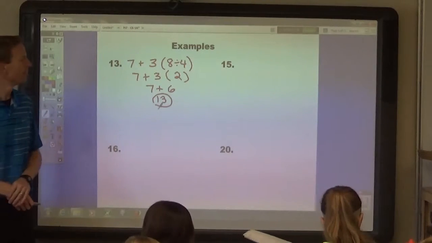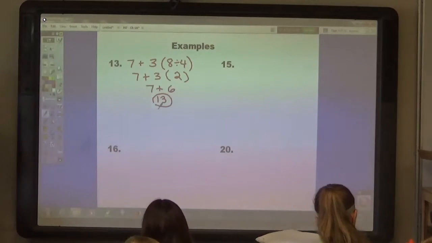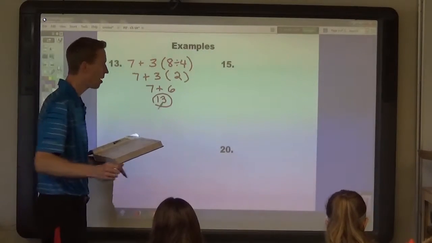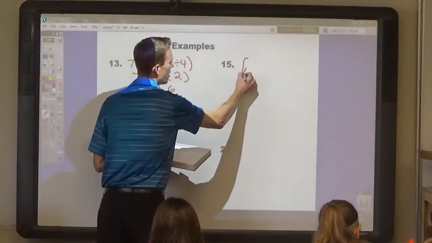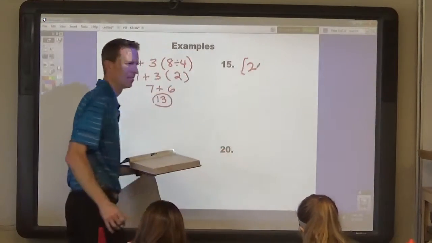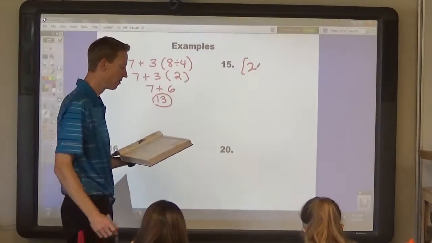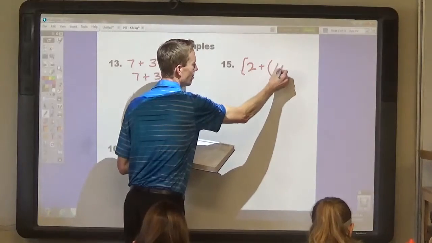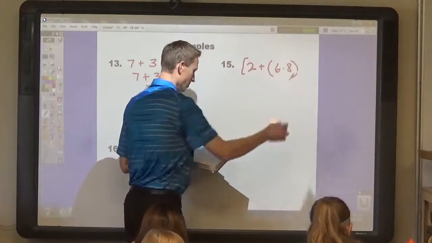Alright? Number 15. This one has 2 sets of grouping symbols, so that's why I picked this one. It has this. You know what that symbol is called? It starts with a B. Close. Bracket.